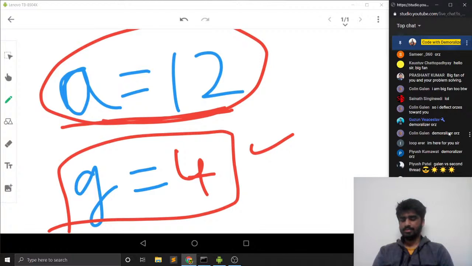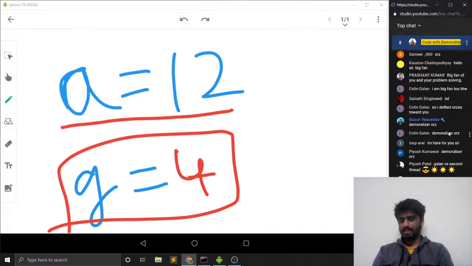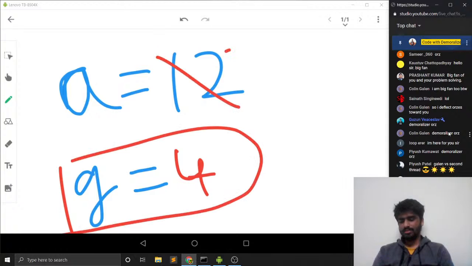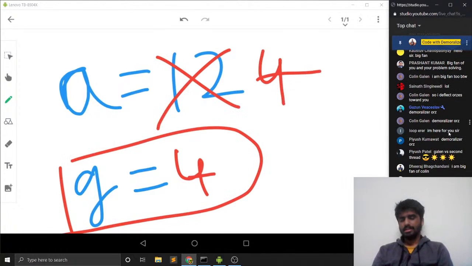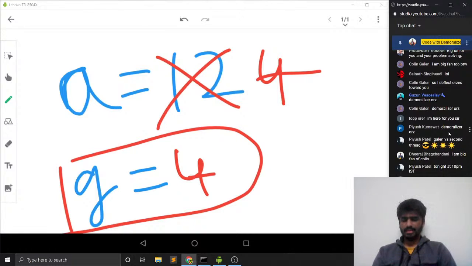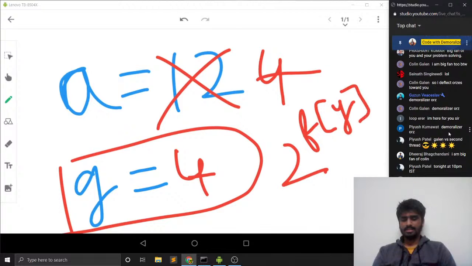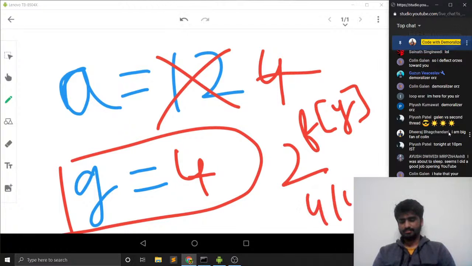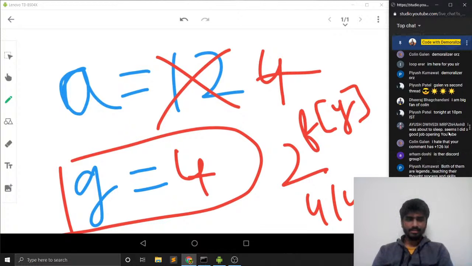The same number of ways are there to get the GCD equal to 4 with this 12, because 12 won't change the GCD. But if A was also equal to 4, then it would have been equal to, I think, 2 to the power of the frequency of all the elements such that 4 divides them. Okay, this seems nice.